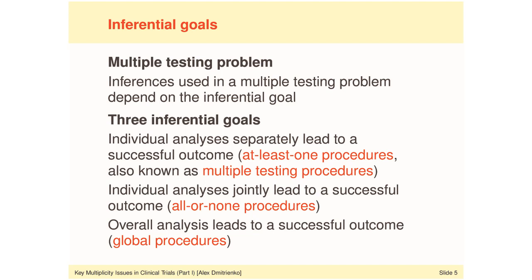All or none procedures need to be used in trials with this inferential goal, and the final type of inferential goal occurs when the overall analysis of multiple objectives may lead to a successful outcome. This is known as the global testing approach, and it calls for global testing procedures.